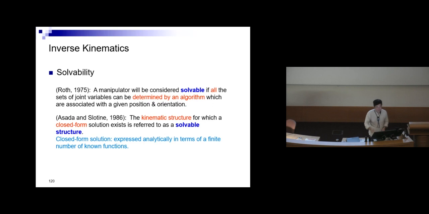And then Asada says that a kinematic structure for which a closed form solution exists is referred to as a solvable structure. If you look at these two definitions of solvable, the Asada 1986 one is a lot tighter. Asada 1986 says that the closed form solution is expressed analytically in terms of a finite number of known functions.